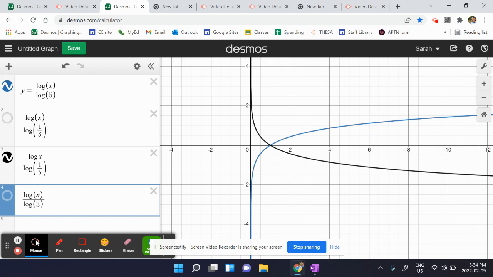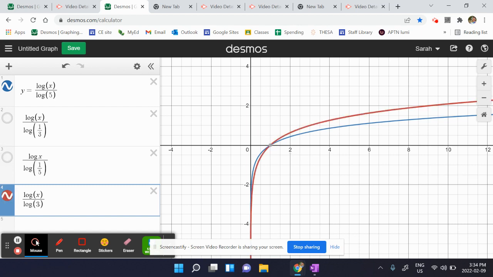Now if I did log base 5 and log base 3, you're going to notice along this blue line, which is log base 5, it's much steeper, more steep than log base 3. Okay? It's getting closer to the x-axis. Okay?